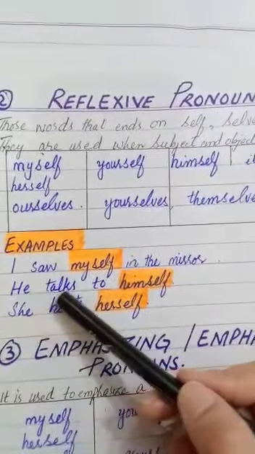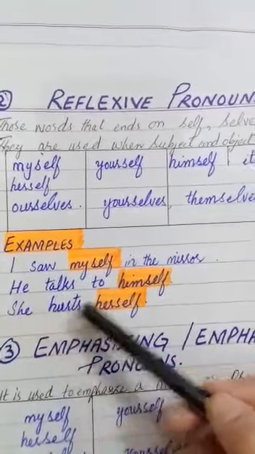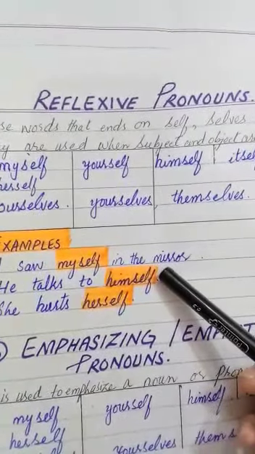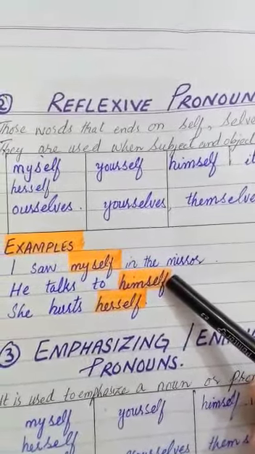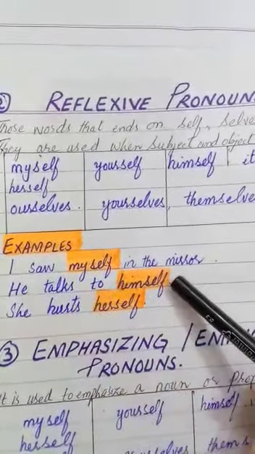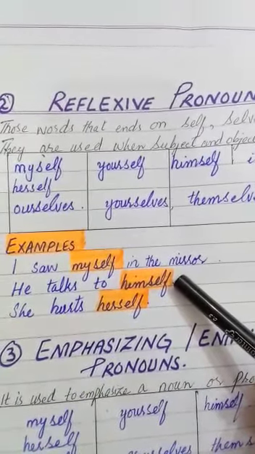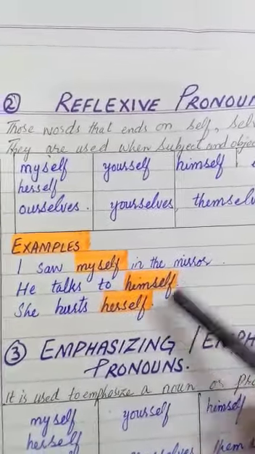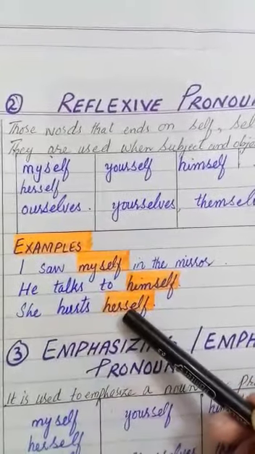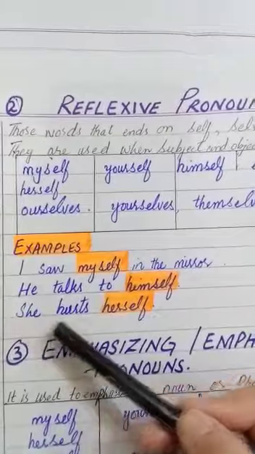Similarly, second, he talks to himself. He is personal pronoun subjective case, and himself is a reflexive pronoun because this himself is used as object and he is subject here, but both are used for same person. That is called reflexive pronoun. Similarly, she hurts herself. She is subjective case of personal pronoun.